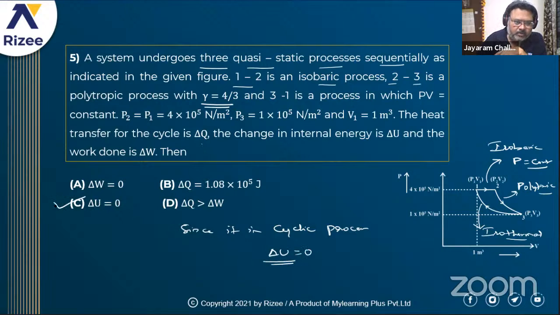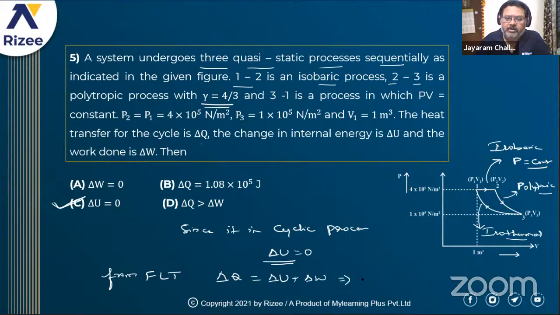That means this should be your first option. Now from the first law of thermodynamics, delta q is equal to delta u plus delta w. Since the change in internal energy is equal to 0, delta q is equal to the work done.